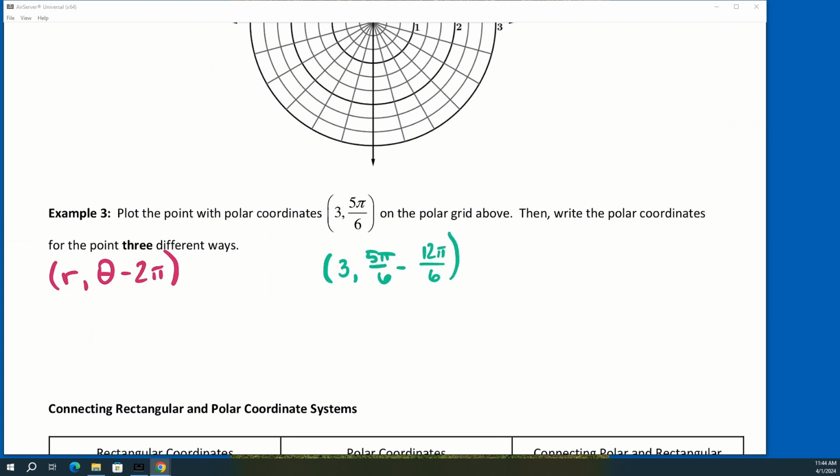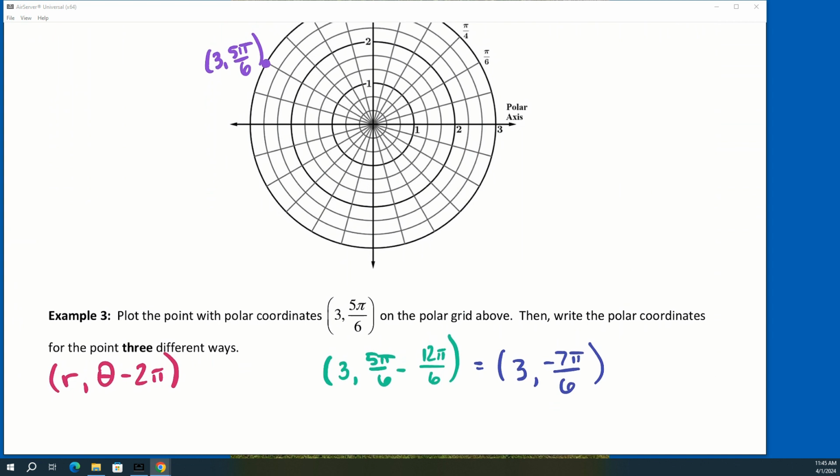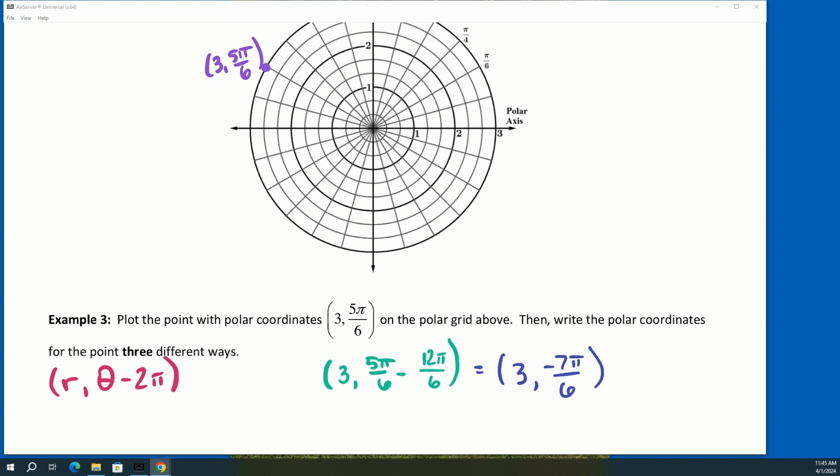And then to get the final answer, we'll have the 3, and then 5 pi minus 12 pi is negative 7 pi over 6. Right. So what happens with this point is you go out to 3 and you rotate 7 pi over 6 in the negative direction, and it takes us to that same point.